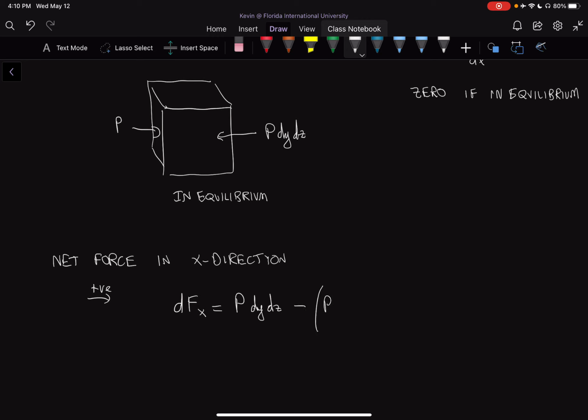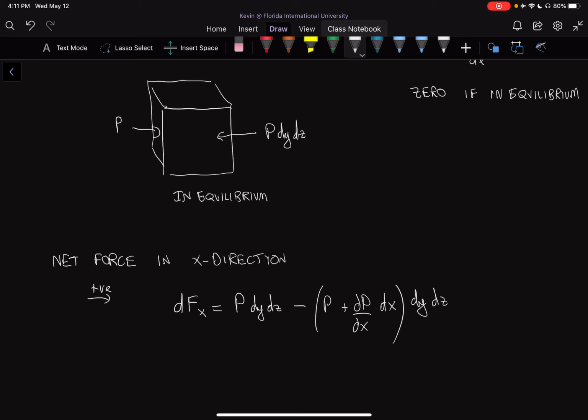So p plus dp/dx times dx multiplied by dy dz.